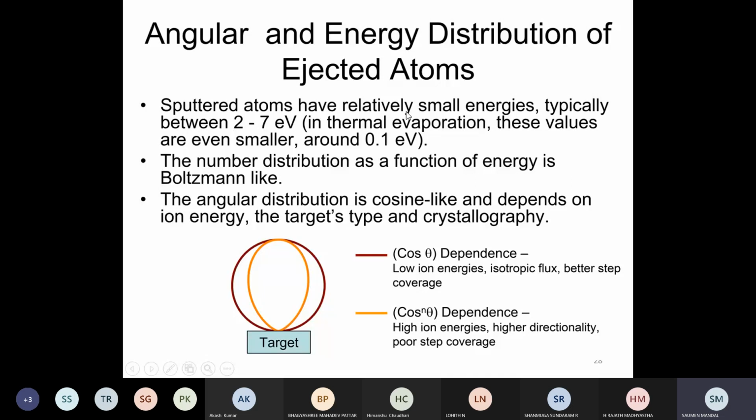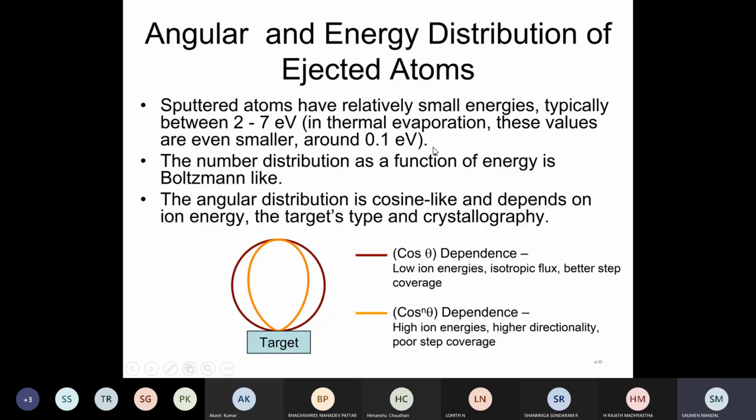These sputtered atoms have relatively small energy, typically 2 to 7 electron volts. But in thermal evaporation, these values are even smaller, 0.1 electron volt. So what is that? The atoms coming from the target to the substrate have energy of 2 to 7 electron volts, but in thermal evaporation it's 0.1.